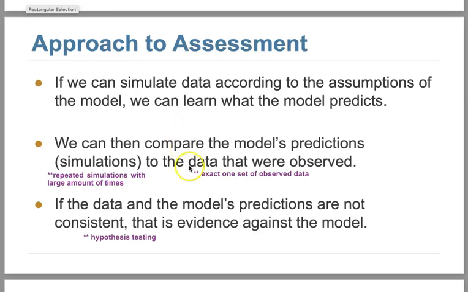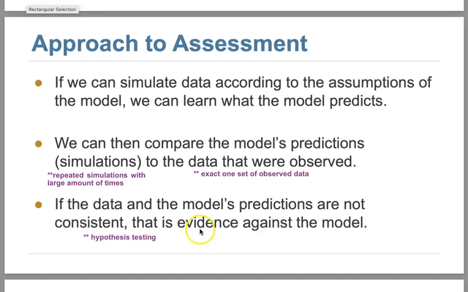On the other hand, if our observed data is out of the acceptance area from the simulation result, then we can say the data and the model's prediction are not consistent. So that's evidence against the model. That is what we call hypothesis testing.